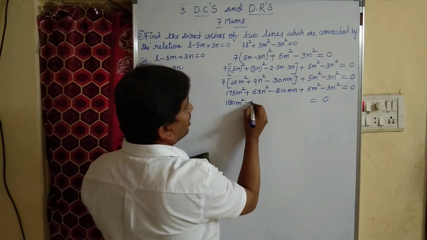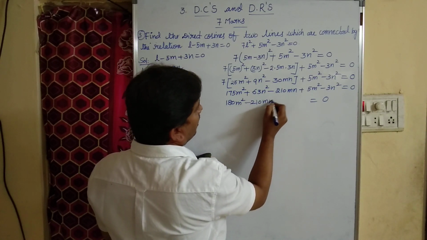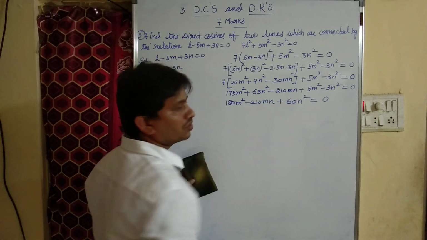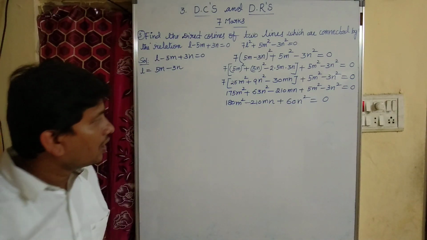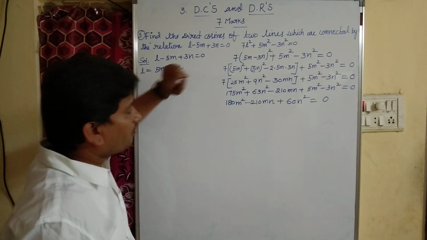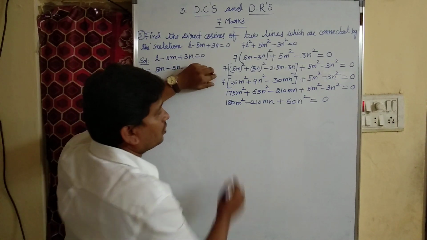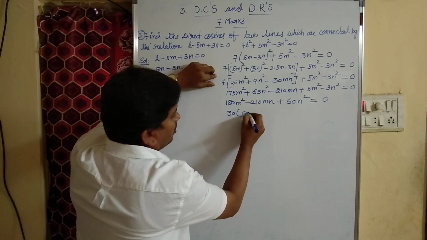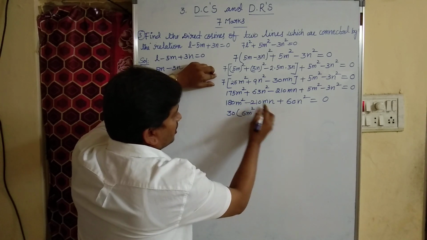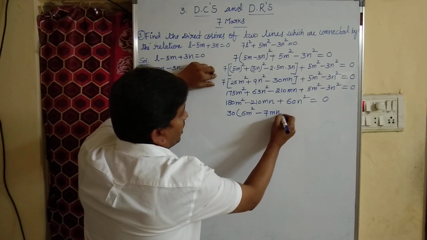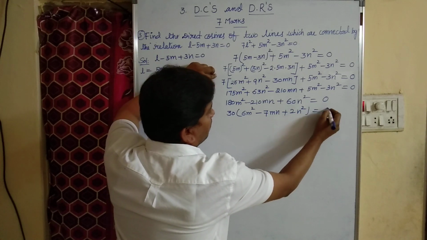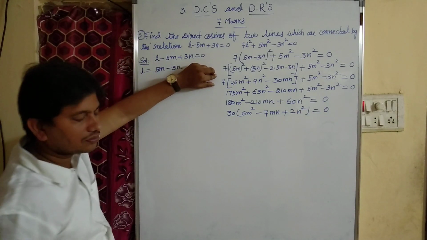So first let us write 180 m square minus 210 mn and then 60 n square equal to 0. Okay, now from these three terms what we will do, let us take 30 as common. 30 into 6 m square minus 7 mn plus 2 n square, which is equal to 0.